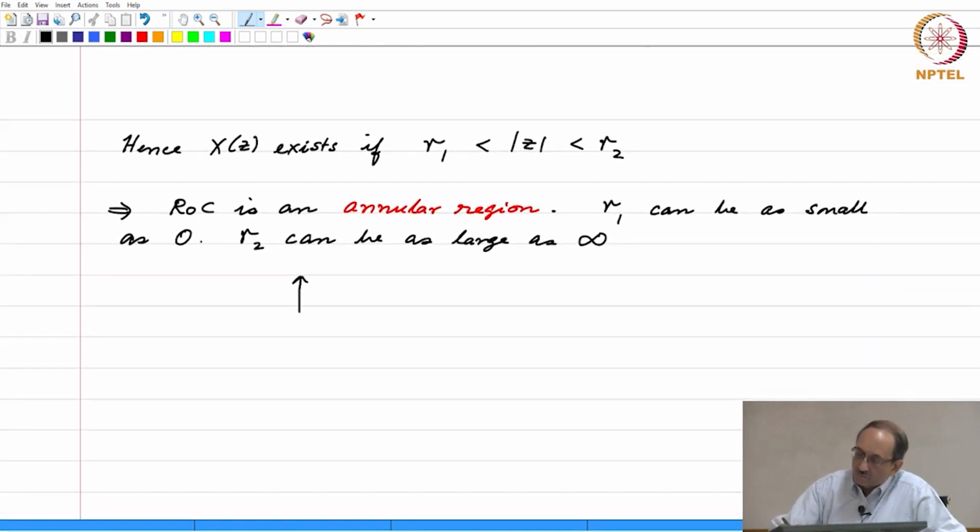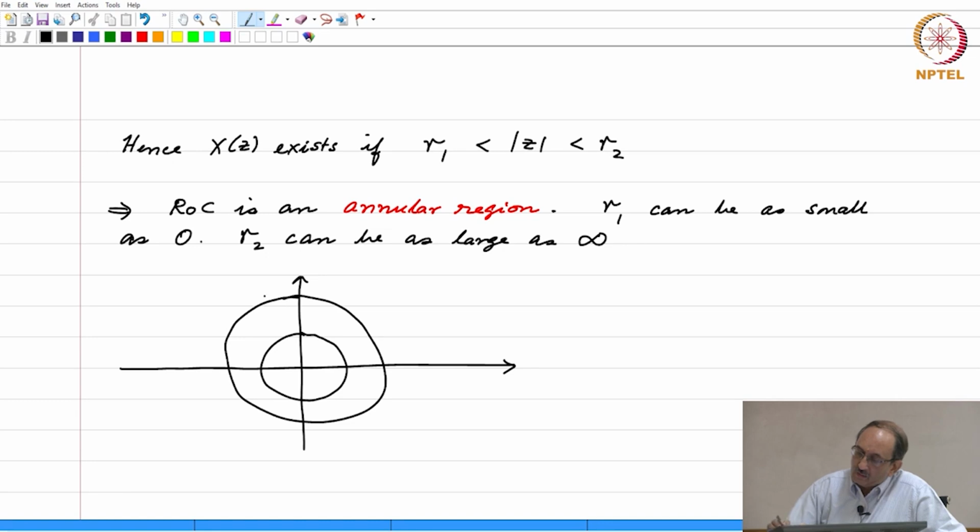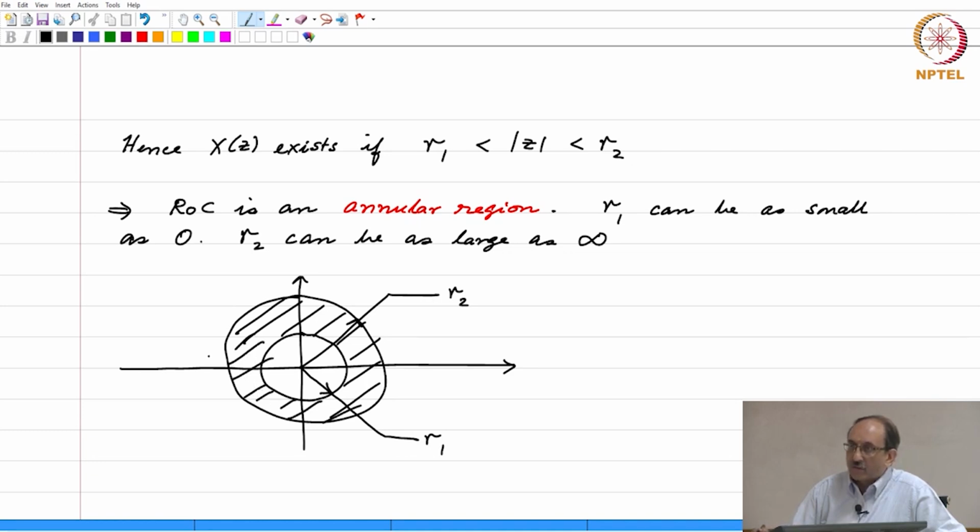Therefore, the region of convergence as far as the Z transform is concerned is in general an annular region with radii R1 and R2, and this is the region where in general the transform exists.